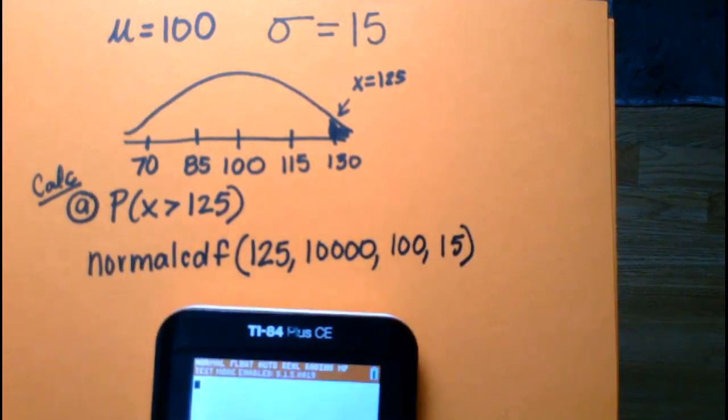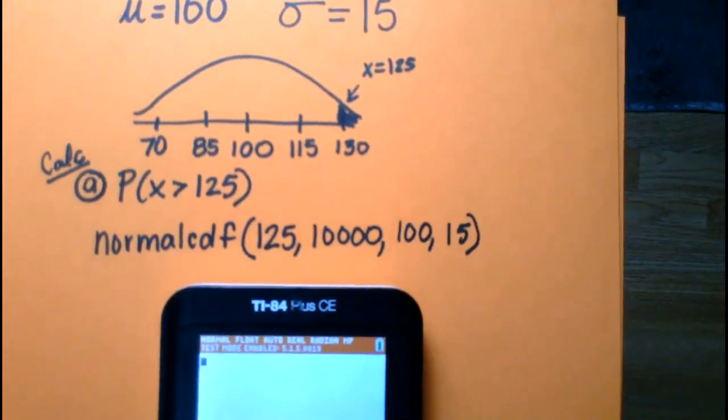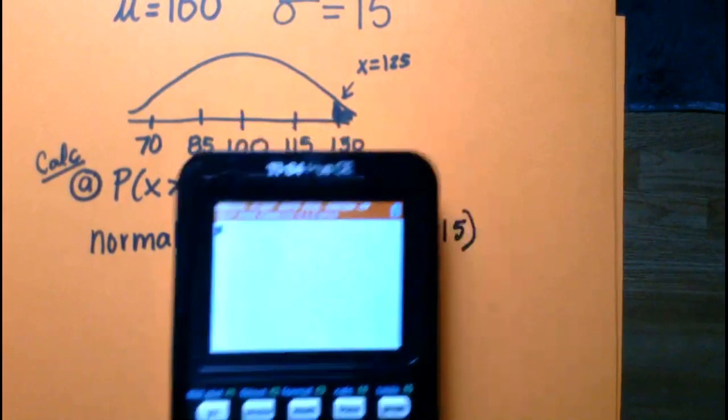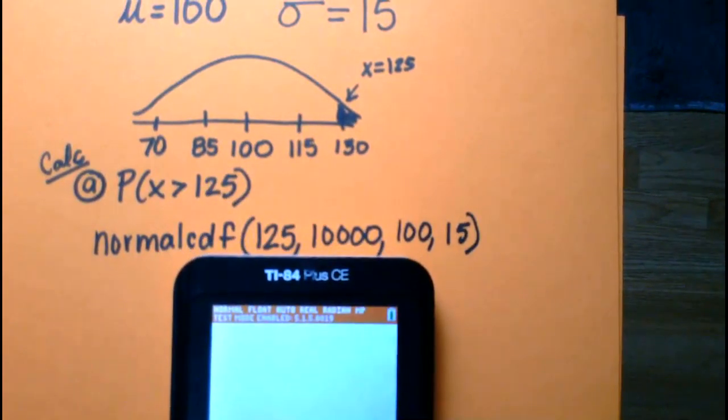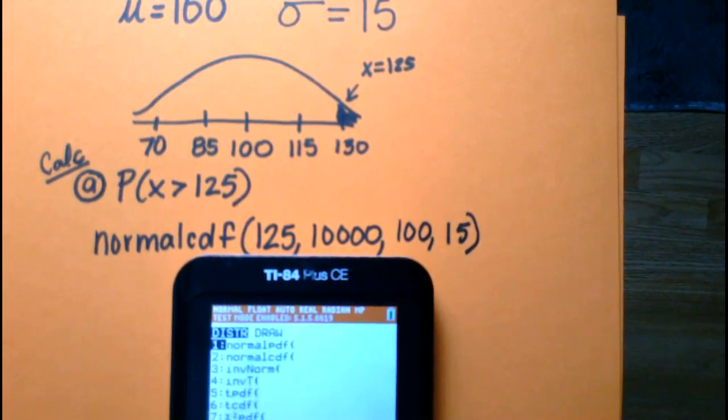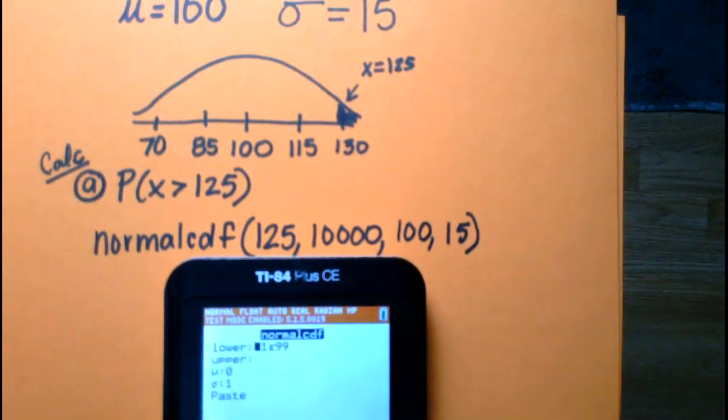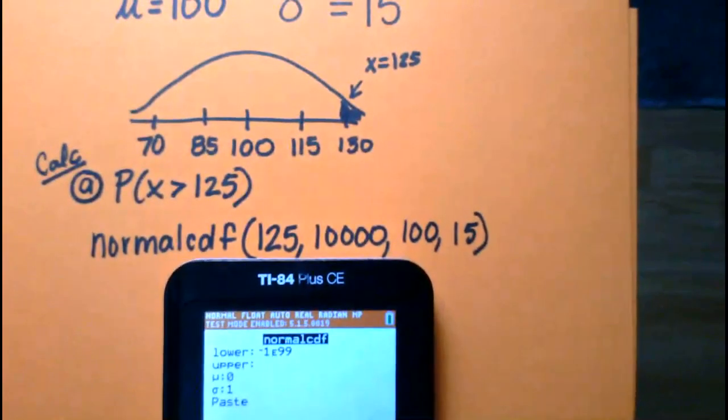This is the calculator. Try to darken this up so you can see it. So that's second vars, normal CDF. This is the lowest the calculator will go. If it was negative 10,000, we could leave that in there. But we don't have a less than.